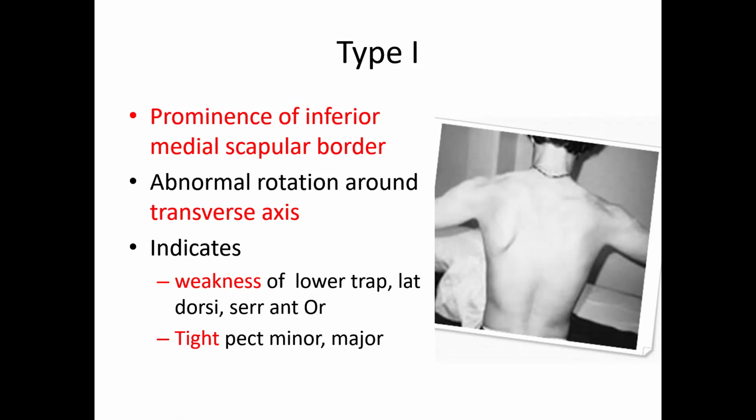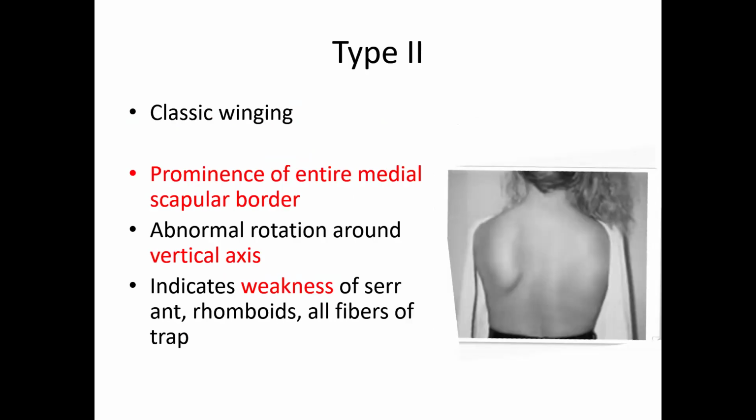Most commonly, the serratus inferior is involved in this condition. Similarly, this condition may also be present when there is tightness of the pectoralis minor or major. Type 2 is known as the classical winging, and in more than 90% of cases, the serratus anterior is involved.